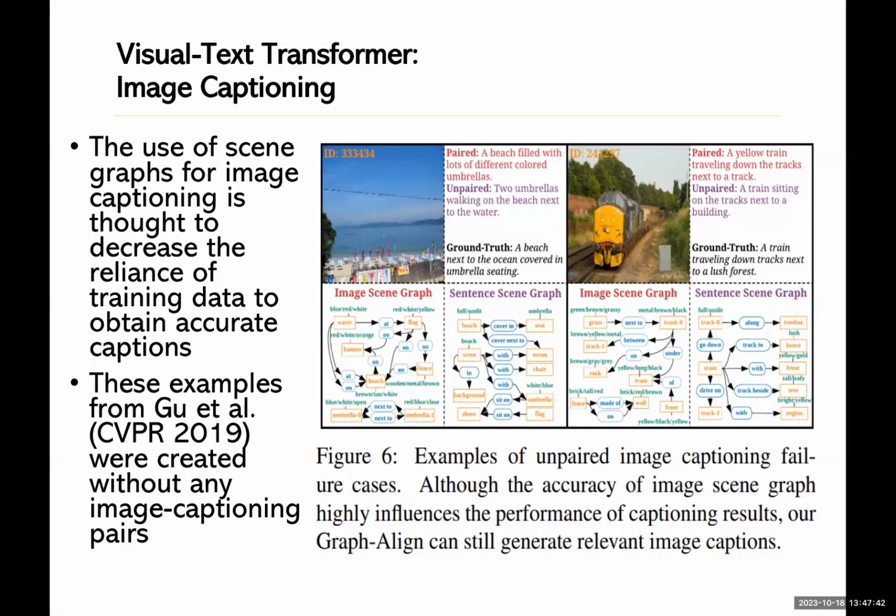So image captioning is, I think some of this work is very interesting. What they're showing in this slide is the image scene graph, which is what is actually returned by the algorithm, and the second scene graph is the ground truth scene graph.